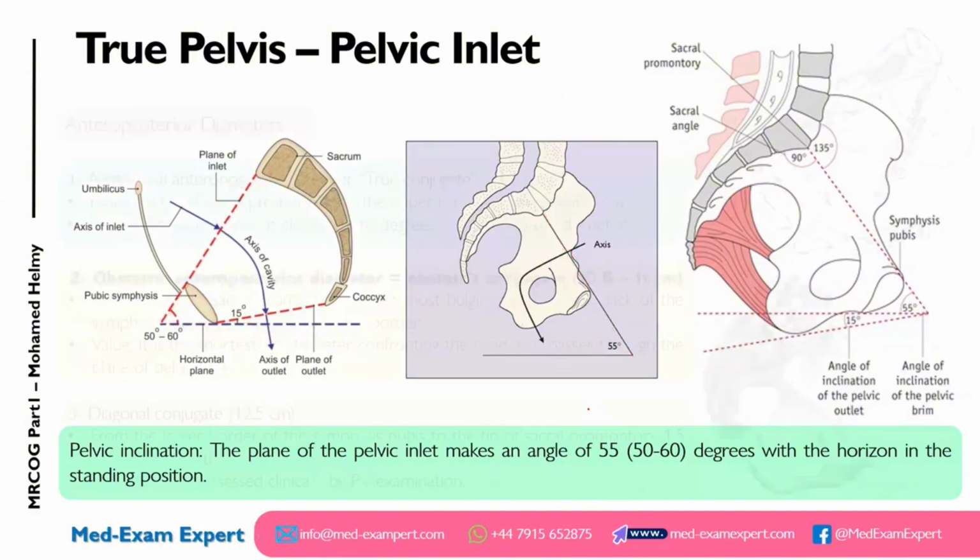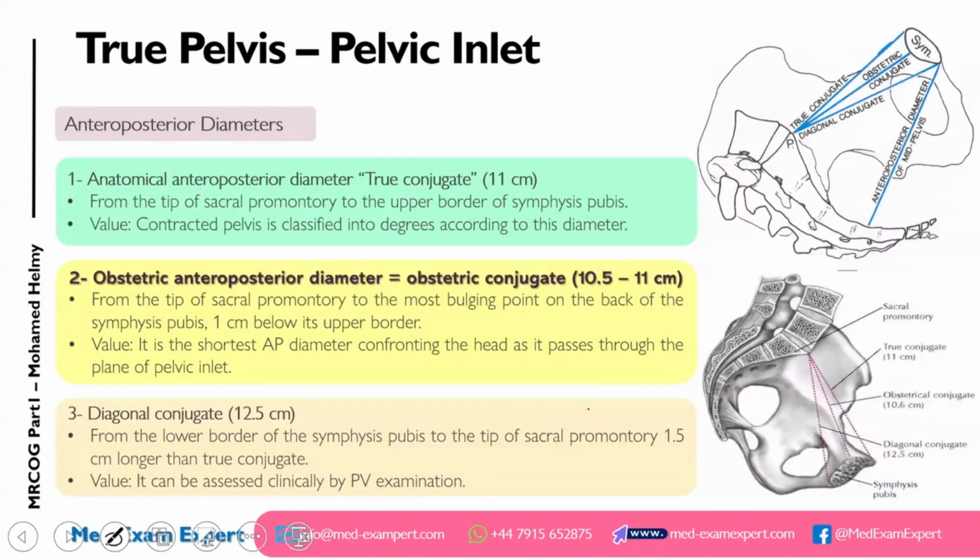Okay, now let's talk about the diameters. For each part of the pelvis, whether the inlet, cavity, or outlet, we have different diameters. The diameters can be subdivided into anteroposterior, transverse, and diagonal or oblique diameters.